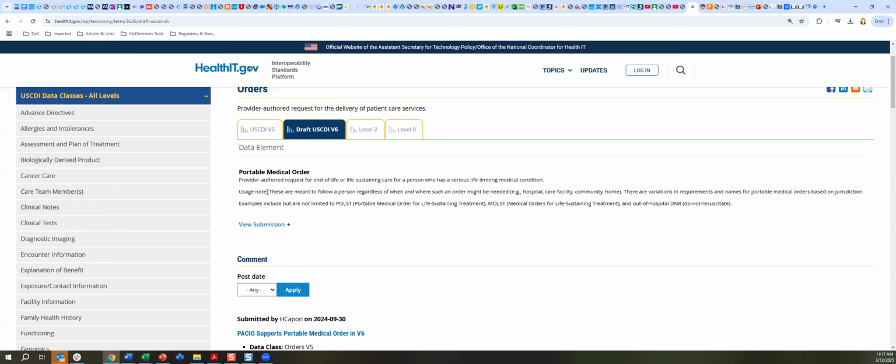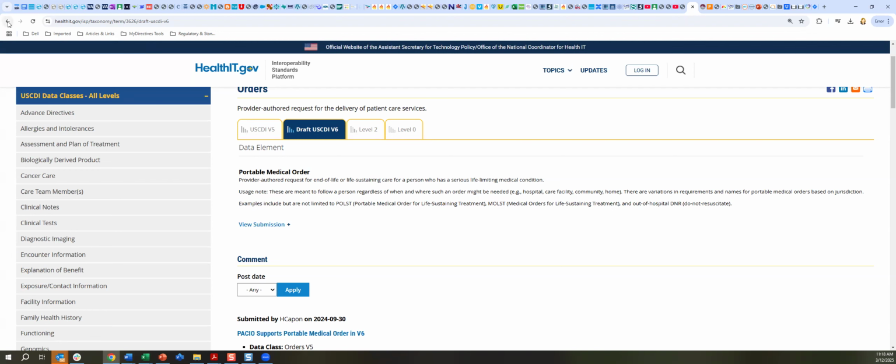Usage note: these are supposed to follow a person, regardless of when and where that order might be needed. For example, at the hospital, at a facility, in the community, at home. And there are variations in requirements and names for portable medical orders based on jurisdiction, which you know better than anybody. And so examples to implementers might be a POLST, a MOLST, or an out-of-hospital DNR.